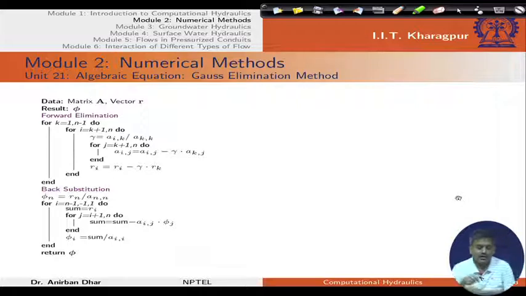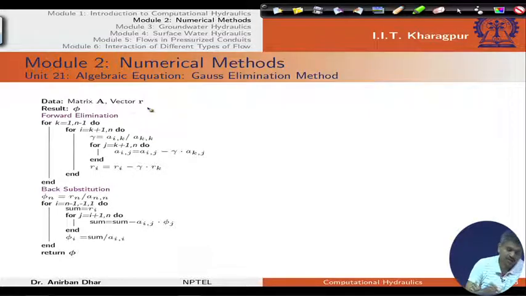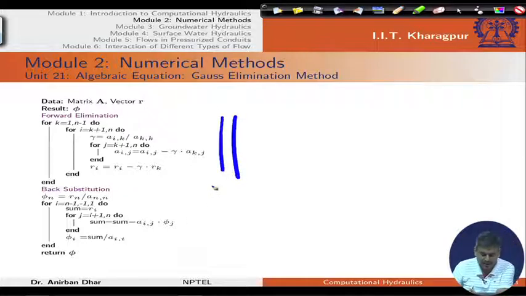Then in unit number 21 we discussed algebraic equations and Gauss elimination. In Gauss elimination we have two steps: one is forward elimination, the next one is backward substitution or back substitution.